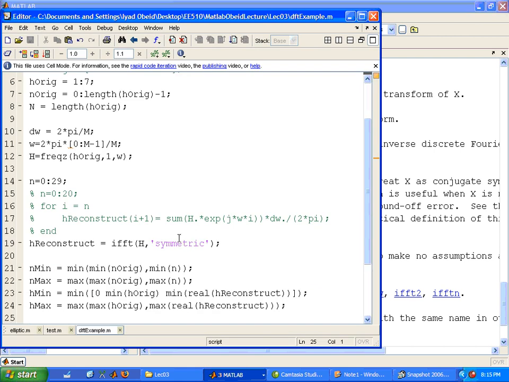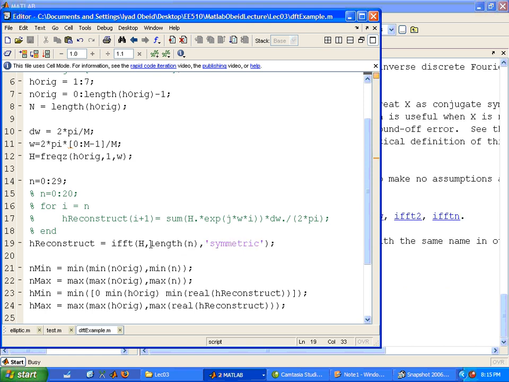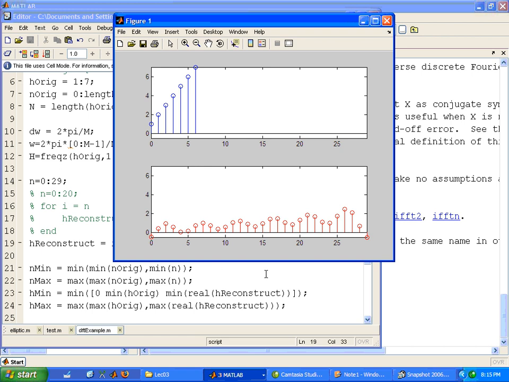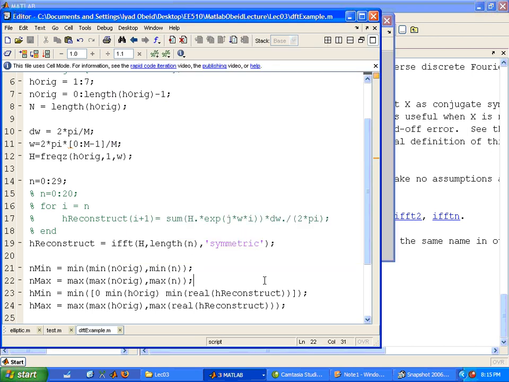Okay, so now I can say give me the length of N. Alright, well, clearly there's some issues to work out, but in principle it works. I just have to get the right combination of N and symmetric, but it should work. I'll make sure I put the right version of that in before I post it tomorrow.